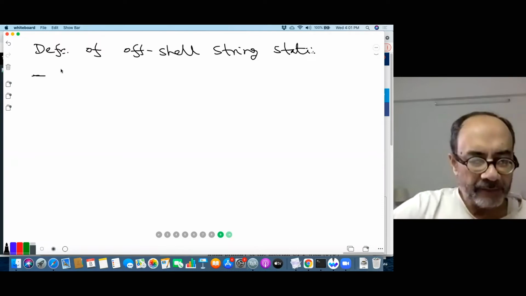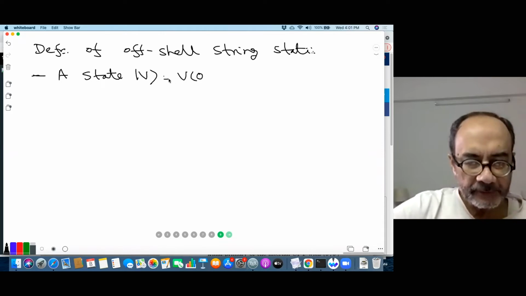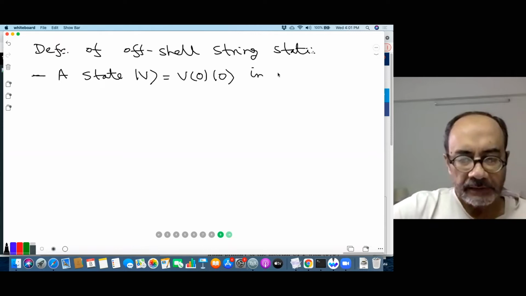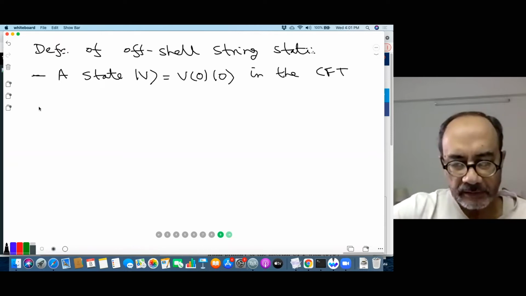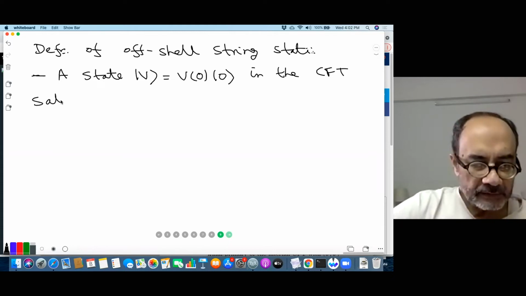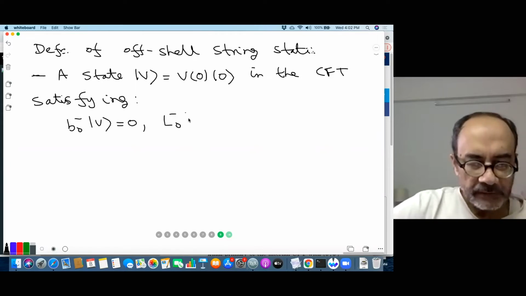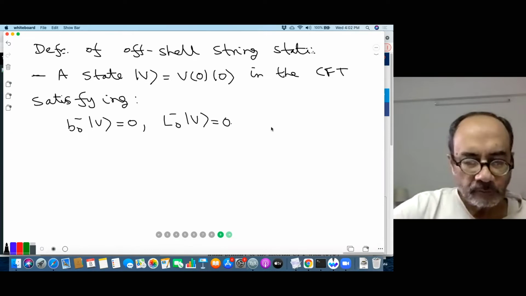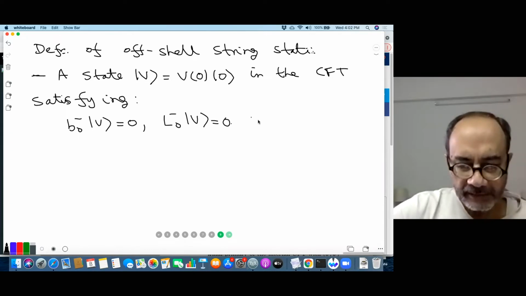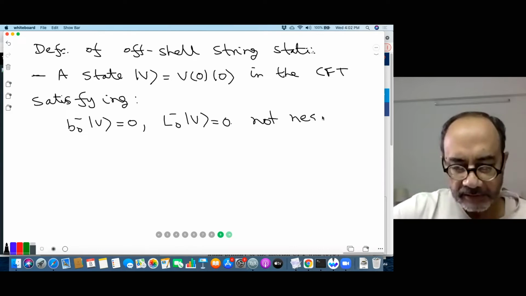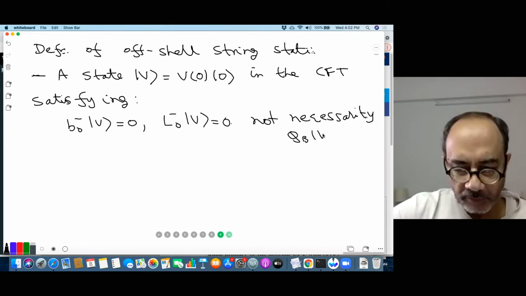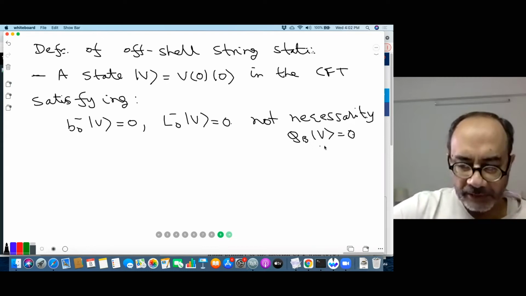This will be by definition a state V in the CFT satisfying b0^- on V equal to 0 and L0^- on V equal to 0, but not necessarily Q_B on V equal to 0. So this one we will regard as the on-shell condition.